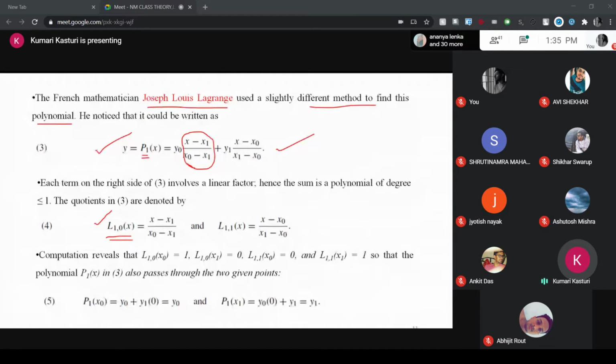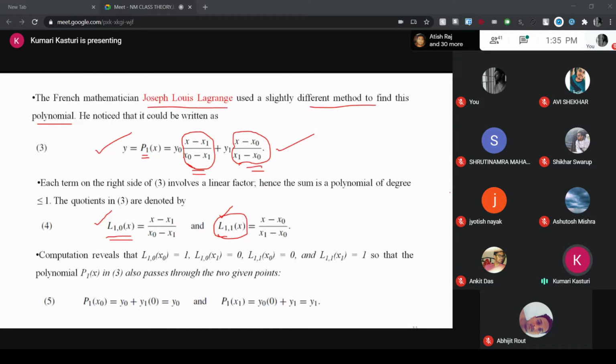Similarly, you have another term, x minus x0 divided by x1 minus x0. He told that that is your L11 of x. Why L? L is for Lagrange, and these two values are called your Lagrange coefficients. So he has just rearranged the equation. After rearranging, he named this value L10, this value L11. These L10, L11 are called your Lagrange coefficients.